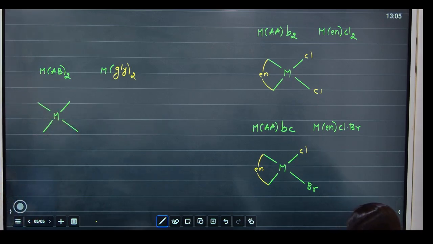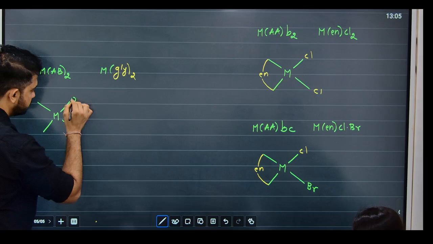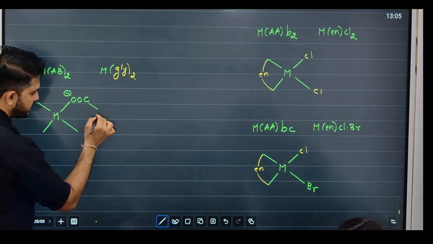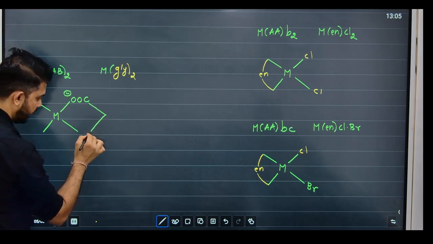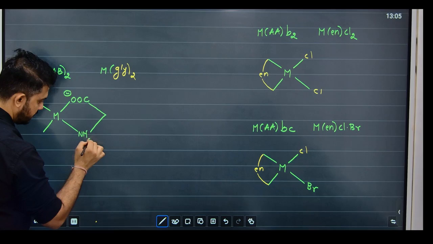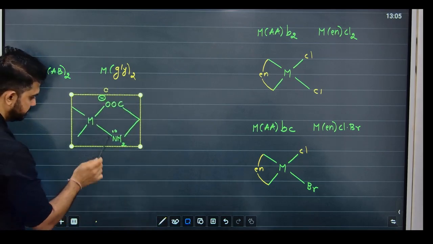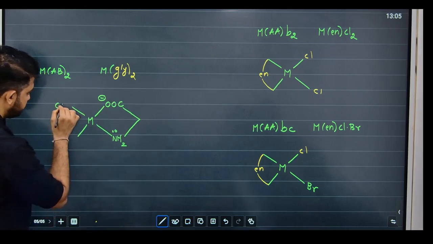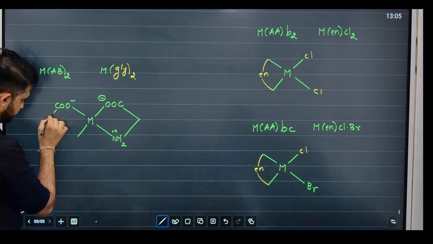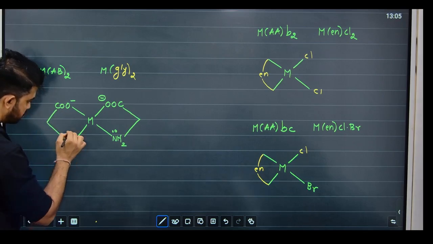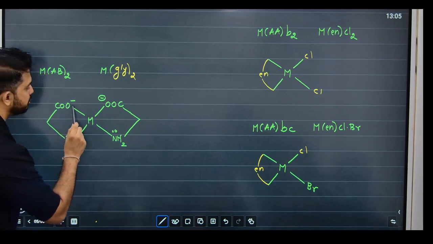So which were the donor atoms in glycinato? Excellent. Oxygen and nitrogen. COO CH2 and here it was NH2. यहाँ पे भी you'll have COO CH2 and then NH2. Getting that? This is which form?